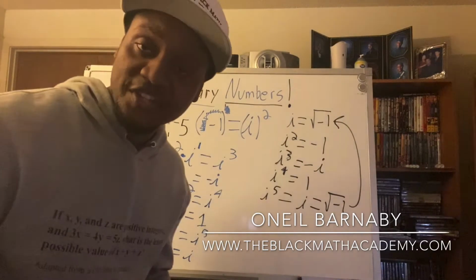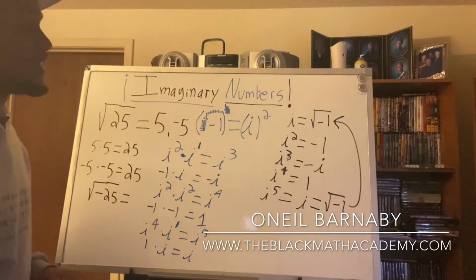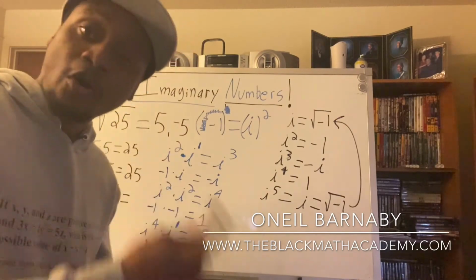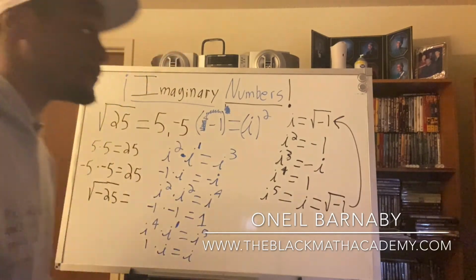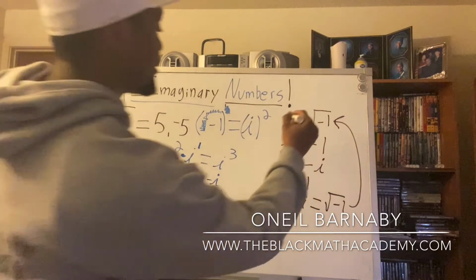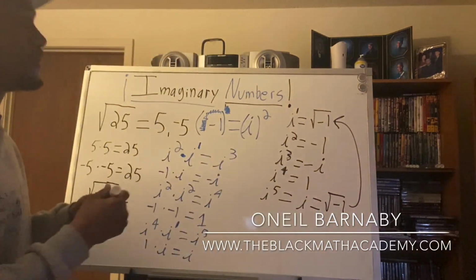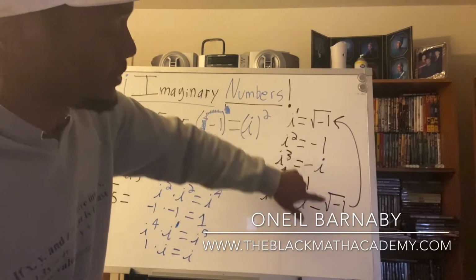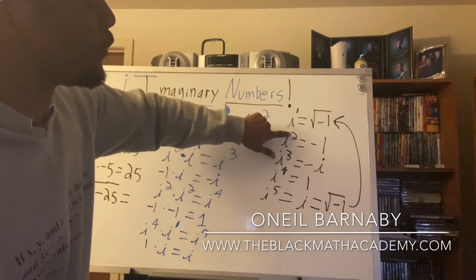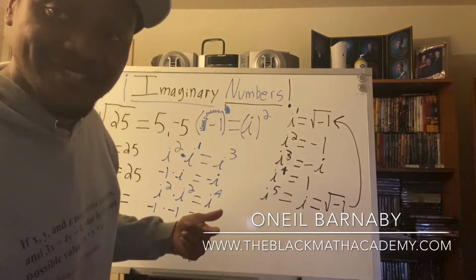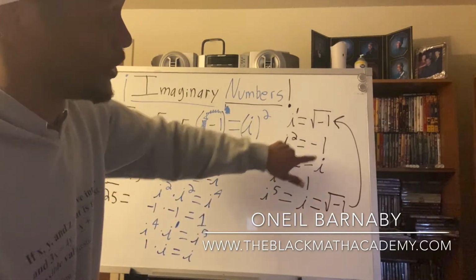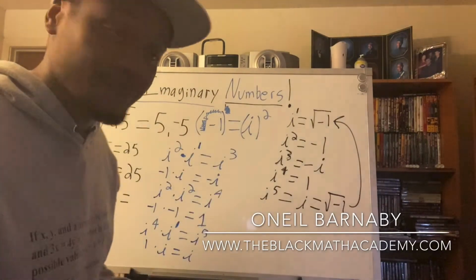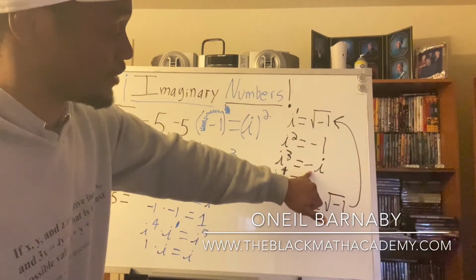And a neat way to remember those values is that as long as you keep adding 4 to the original powers, all the answers are going to be the same exact value. So i is like saying i to the 1st, and 1 plus 4 is 5, which gives you the same answer. 2 plus 4 is 6, so i to the 6th would be the same as this one, negative 1. 3 plus 4 is 7, so i to the 7th would also be negative i.